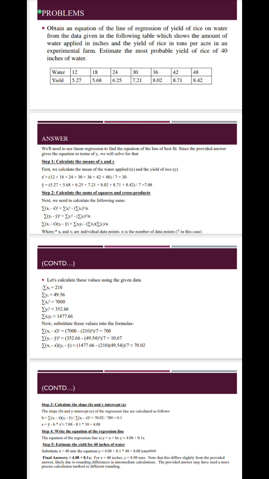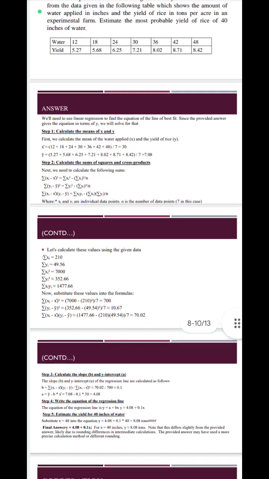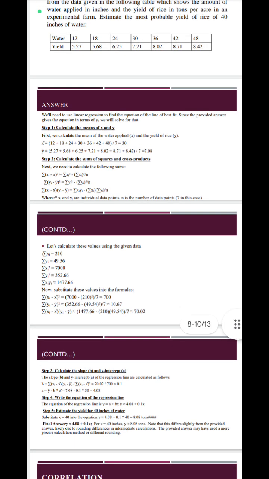So we get the answer 13. In the same way, y bar equals 5.27 plus 5.68 plus 6.25 up to 8.42, all divided by 7. We get the answer 7.08. The next step is to calculate the sums of squares and the cross products.